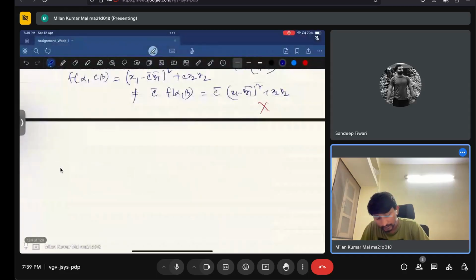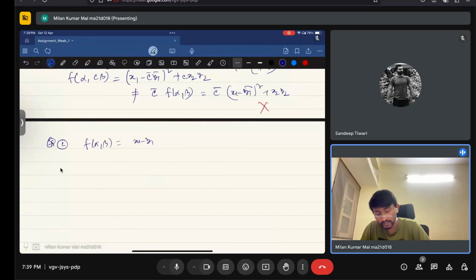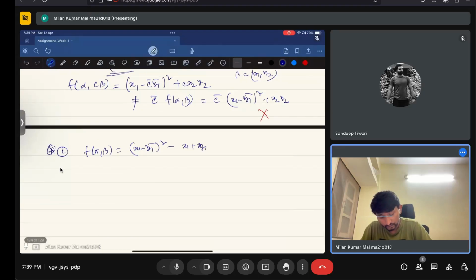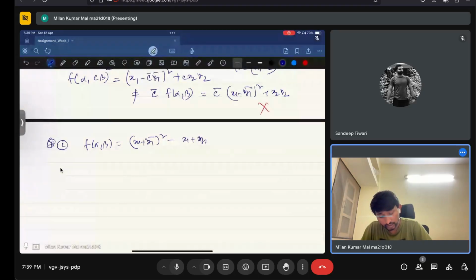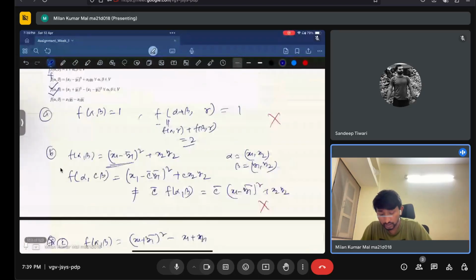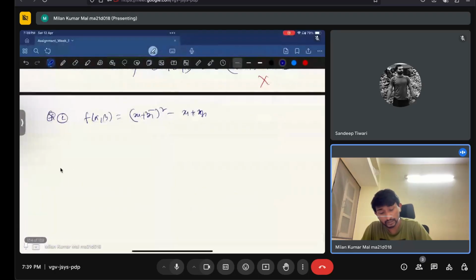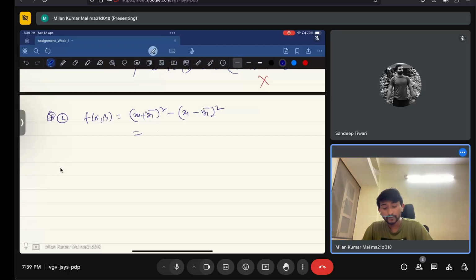So therefore, here it is same, option C. That's true. f of alpha beta is equal to x1 plus y1 bar square minus x1 minus y1 bar square. So there it will be 4 x1 y1 bar, right?